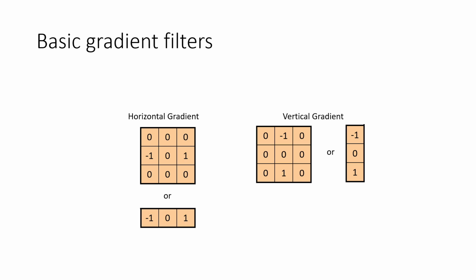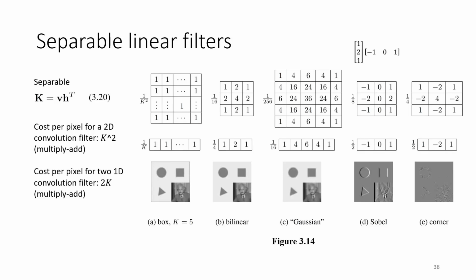And then let's show something. Let me show an image here right now. This is a separable linear filter, and you can see this is the gradient filter. So a Sobel filter can be separated into two different filters, one for horizontal and one for vertical.